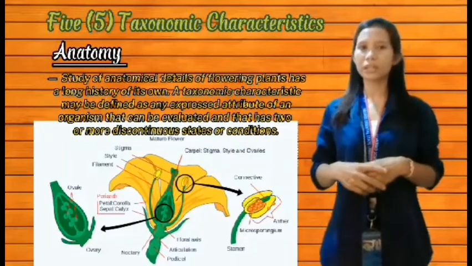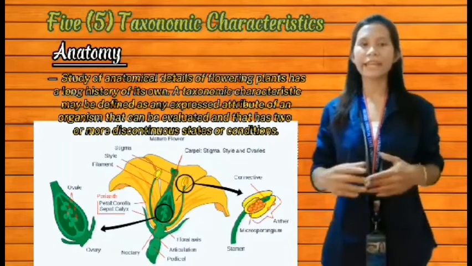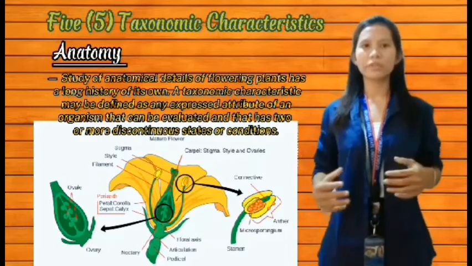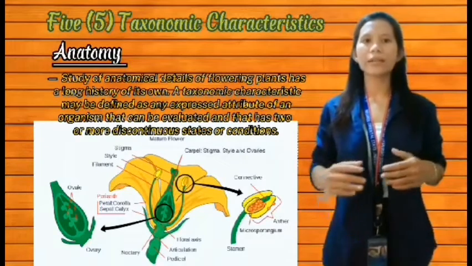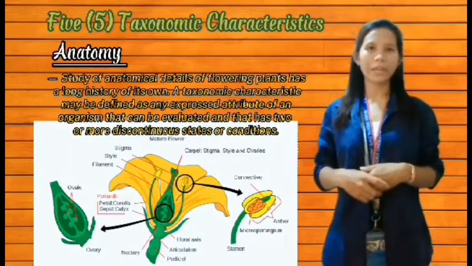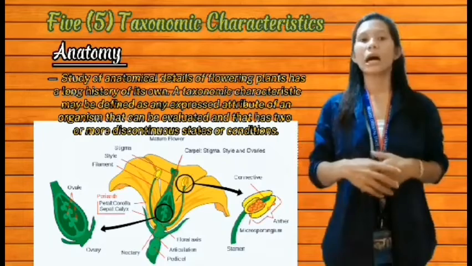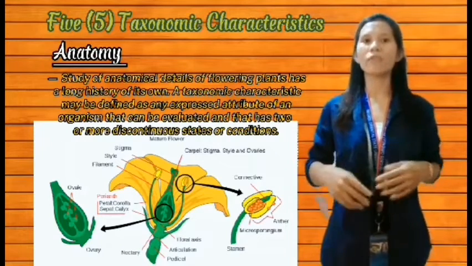Next is anatomy. Anatomy offers restricted value for distinguishing species or groups of less than specific rank because the differences between them are usually quantitative rather than qualitative. Anatomy forms the backbone of taxonomy, and the study of anatomical details of flowering plants has a long story of its own.